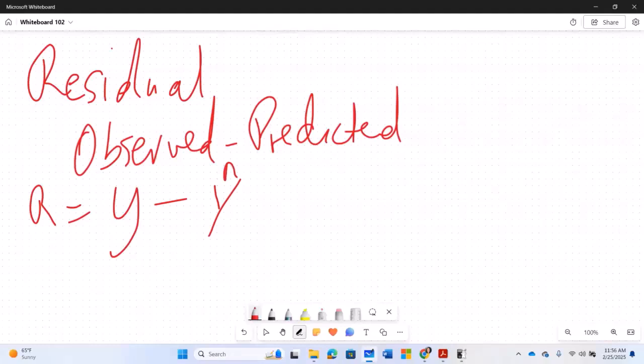And then, because we are told to find the sum of squared residuals, I'm going to make a table here so I can calculate the sum of squared residuals.